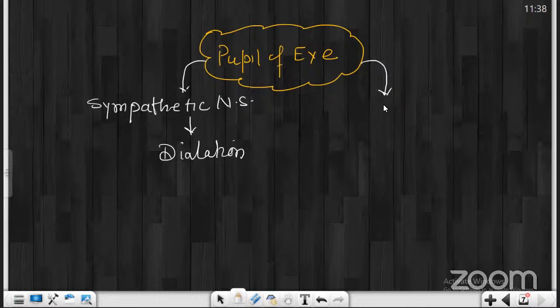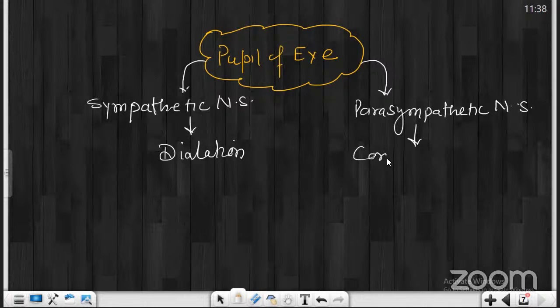In case of just the opposite, the parasympathetic nervous system, it will cause constriction of the pupil of the eye. That means the diameter will decrease, and less light will enter it.